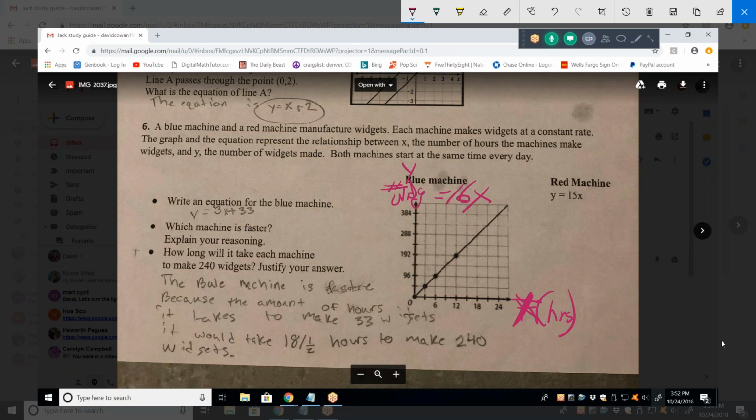So they're asking you, what is x when y is 240? For this one right here, I'm going to plug in 240 for y. That's the number of widgets. That's equal to 16x. Use your calculator, figure out what x is. 240 divided by 16.